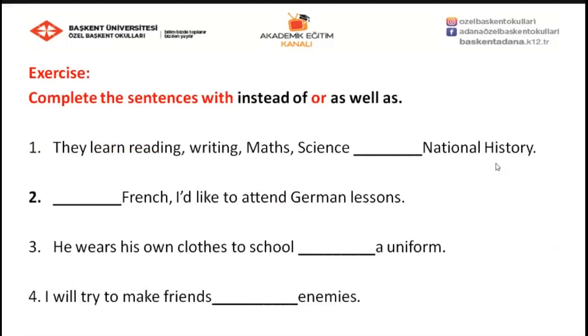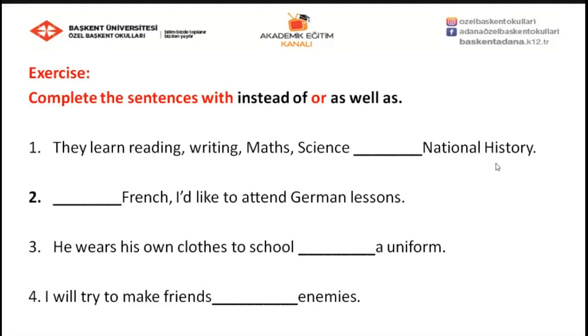On this page, you're going to encounter an exercise. You just need to complete the sentences with instead of or as well as. As you can see here, there are totally 4 sentences. There are totally 4 questions. You just need to insert the related phrase within each gap. Let's have a look at the first one.